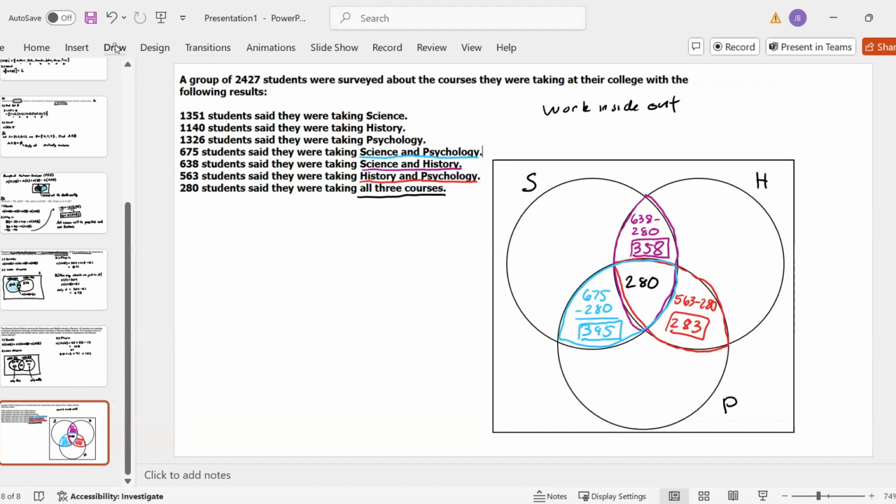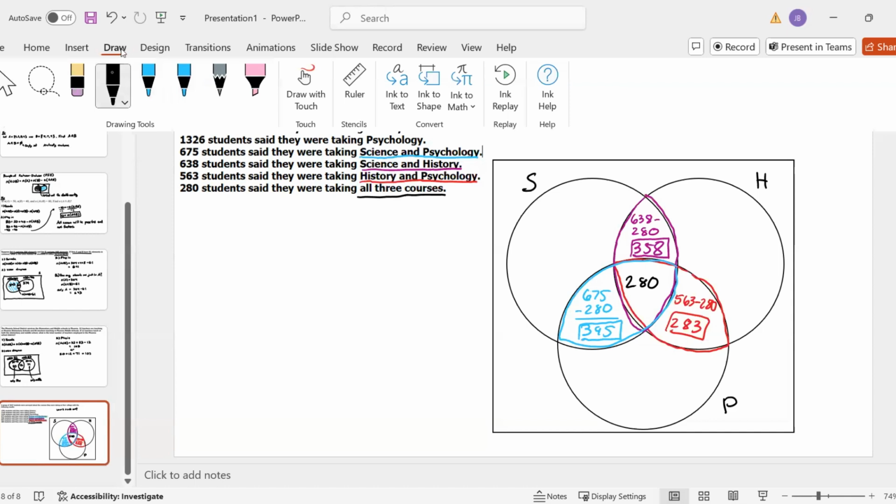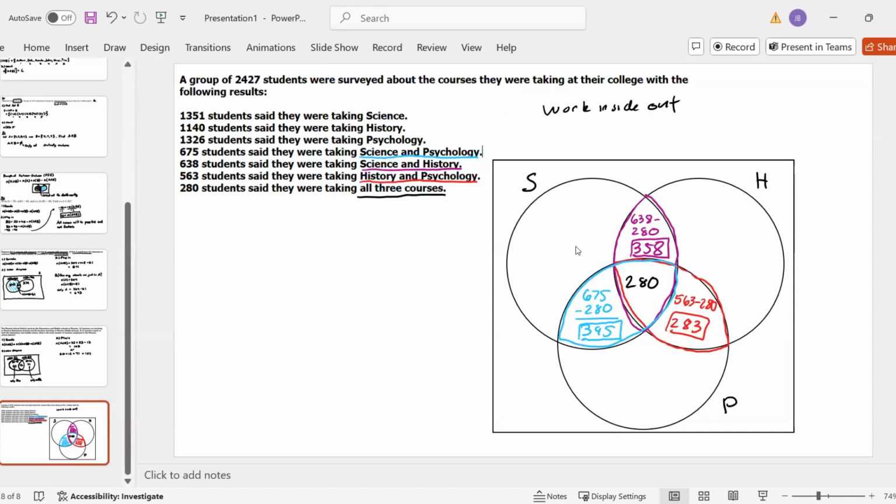So I'm going to use all of those numbers to basically find science, history, and psychology only. Like they only took a science class, they only took a history class, and they only took a psychology class. So science is going to be equal to 1351 minus the 358 minus the 395 minus the 280.